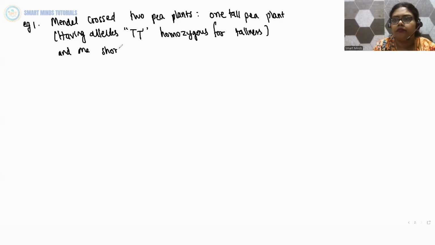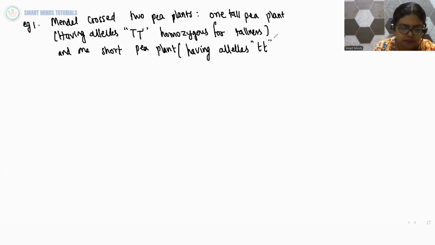And one short pea plant having alleles small t, small t. Homozygous for dwarfness.